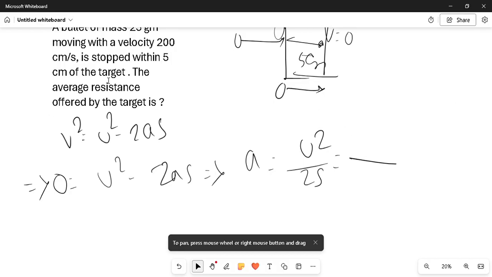In SI units, 1 meter is 100 centimeter, so 200 cm means 2 meter per second.